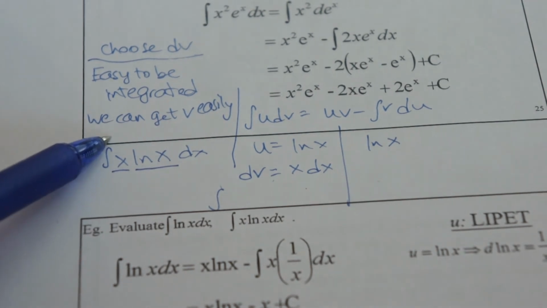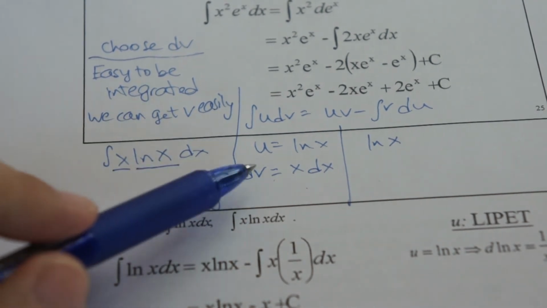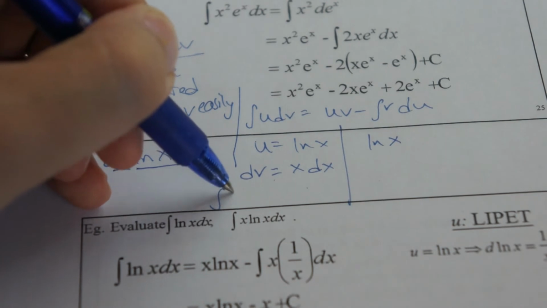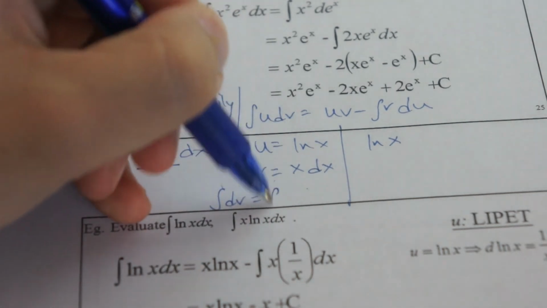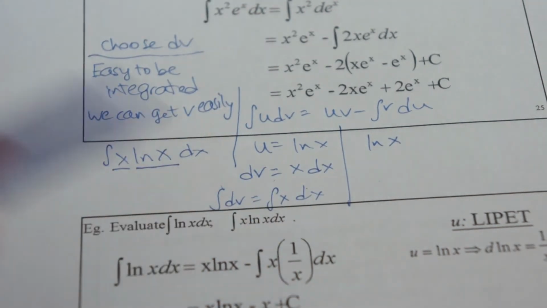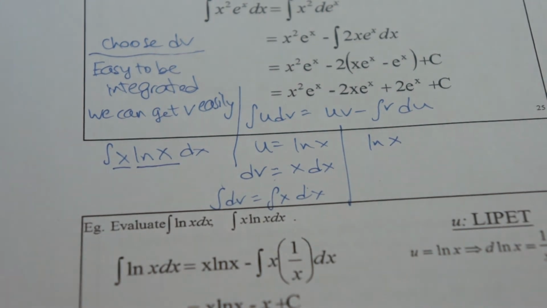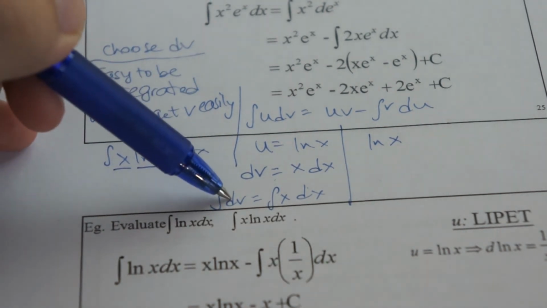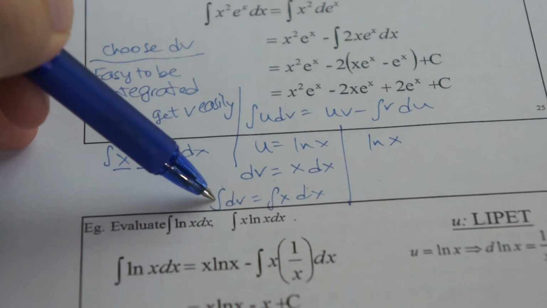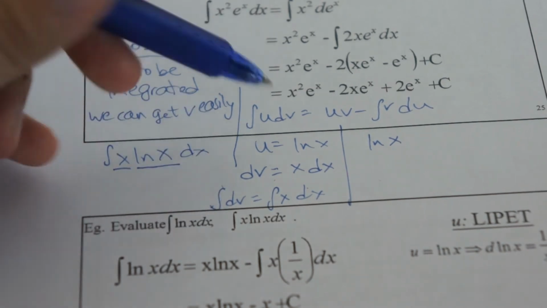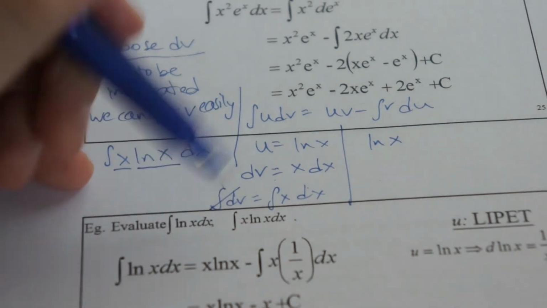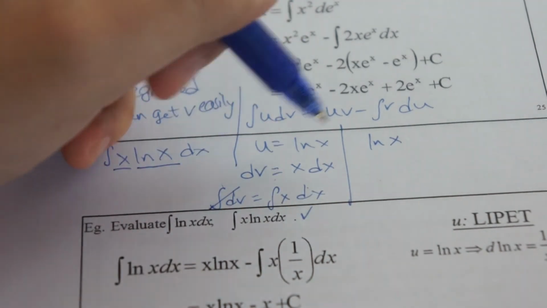So how to get v? Of course, we can integrate both sides. If you differentiate the function and then do the integration, that means you cancel each other out, and therefore the answer is just v for the left hand side.